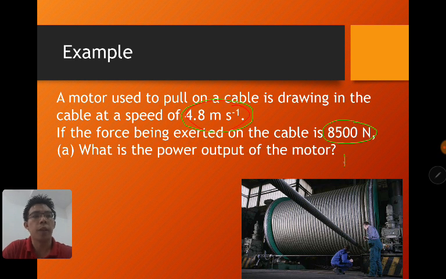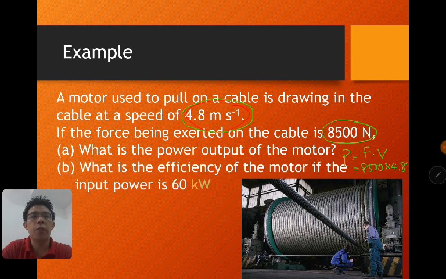Therefore, we can say that the power is Fv from earlier in this topic. So you have 8,500 multiplied by 4.8.